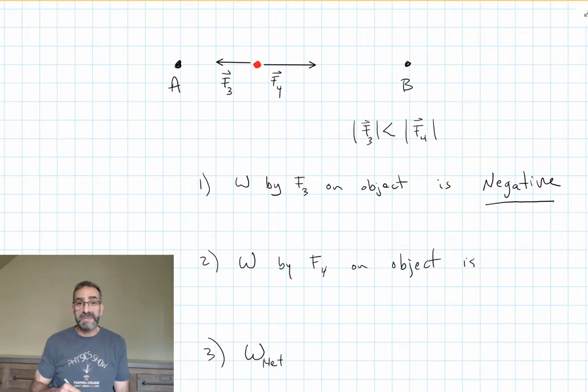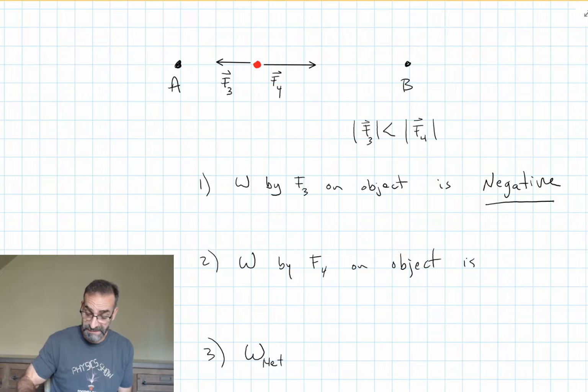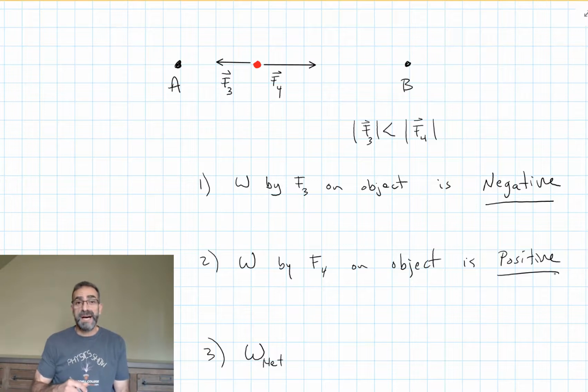It's negative, as we discussed above. It points against the displacement. It would slow the object down as it moves to point B. How about F4? The work done by F4 on our object would be positive.